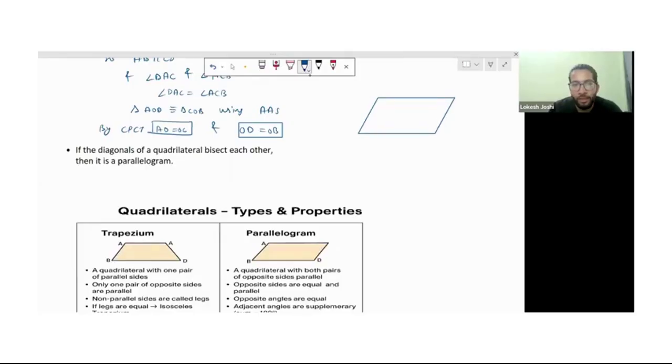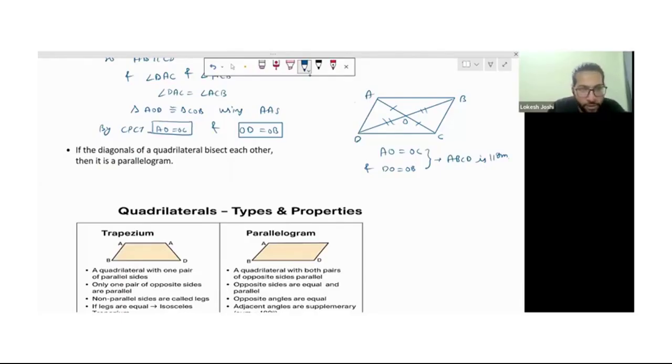Suppose this one is the quadrilateral and it's given that its diagonals bisect each other like this, which means if it's A, B, C and D and the point of intersection is O, it's given that AO is equal to OC and DO is equal to OB. Then we can directly say ABCD is a parallelogram.